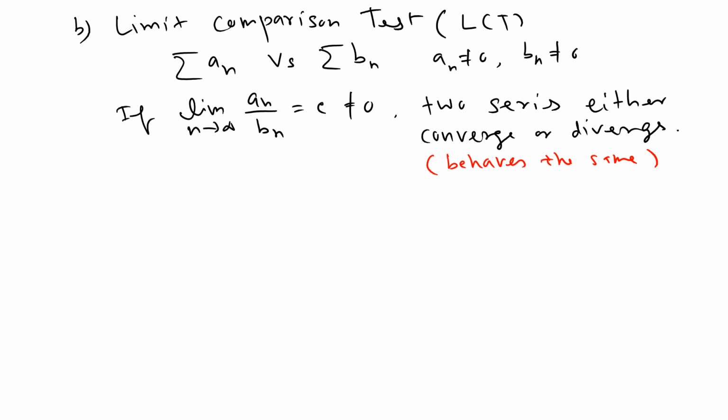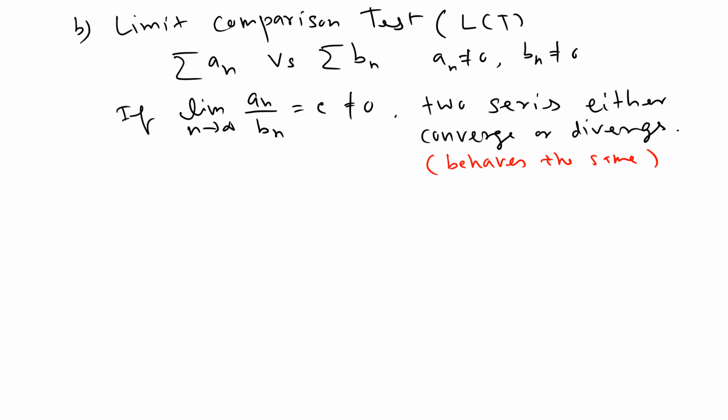Okay, good. And then if the limit is 0, you have to consider different cases. If the limit is 0, then you can see that the bottom one is going much slower. So that means if the series from the bottom one converges, the top one has to converge. And if you get infinity, that means if the bottom one diverges, the top one has to diverge.